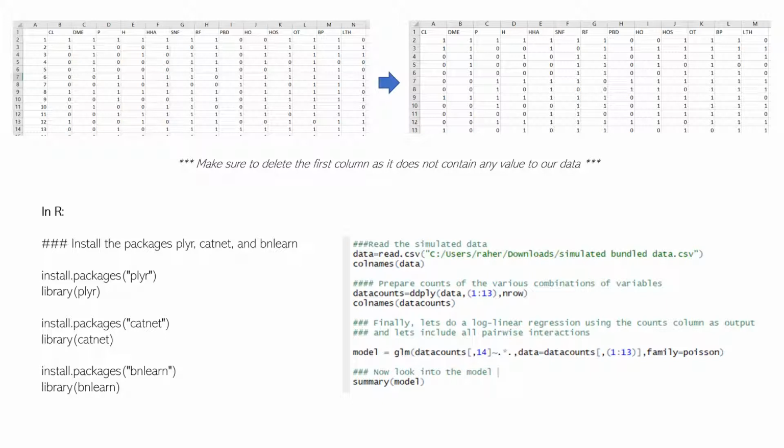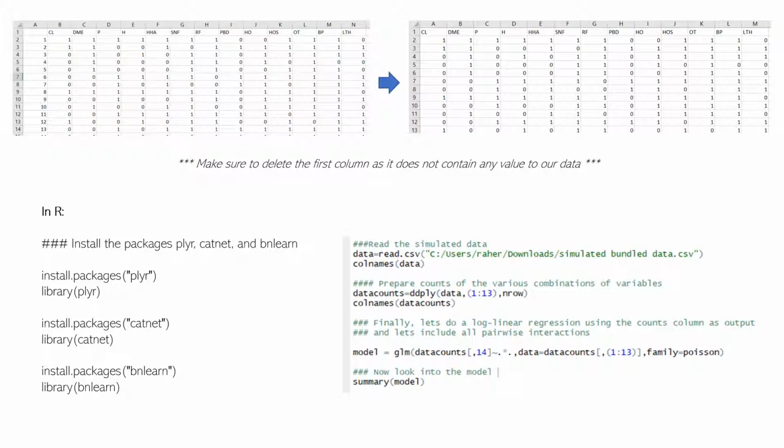The R package catnet provides an inference framework for categorical Bayesian networks. bnlearn is an R package which includes several algorithms for learning the structure of Bayesian networks with either discrete or continuous variables. Once we have those installed, we can go ahead and read the simulated data.